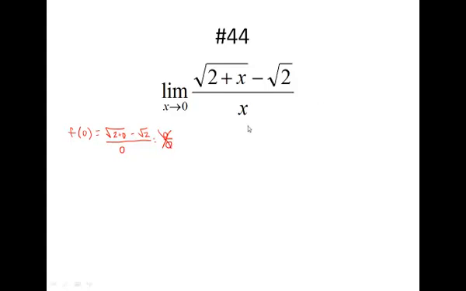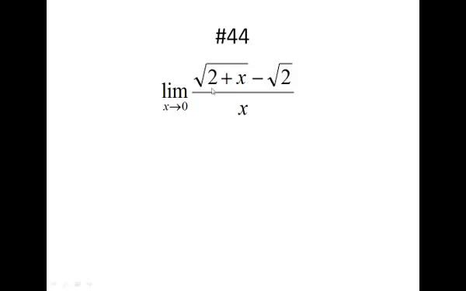This rationalizing, what we do in this case is you're going to see this pattern of a radical minus a radical, or a chunk minus a chunk, and there are radicals involved. And we are going to do that thing called rationalizing, and what that takes is multiplying that pattern by its conjugate.